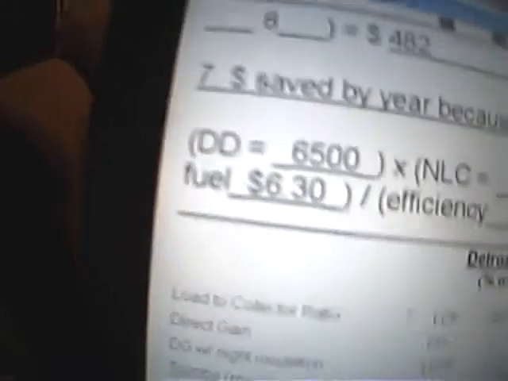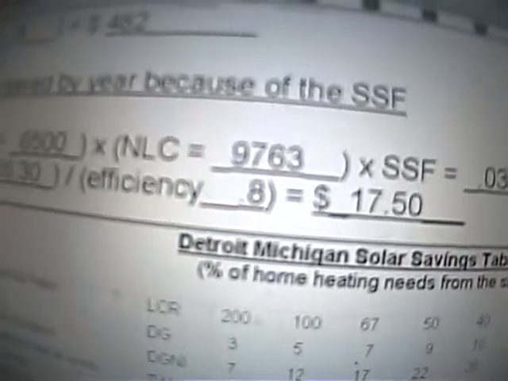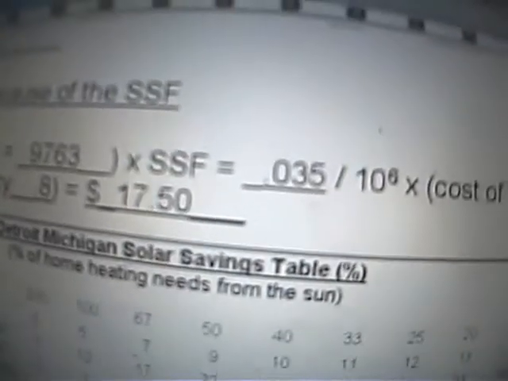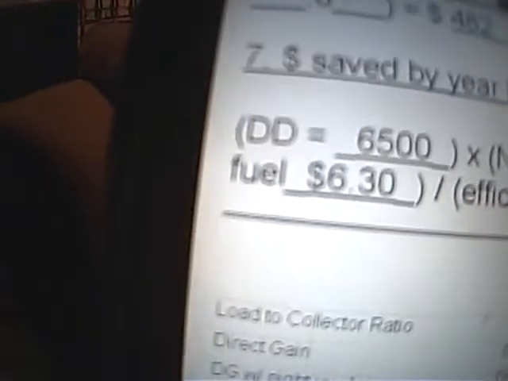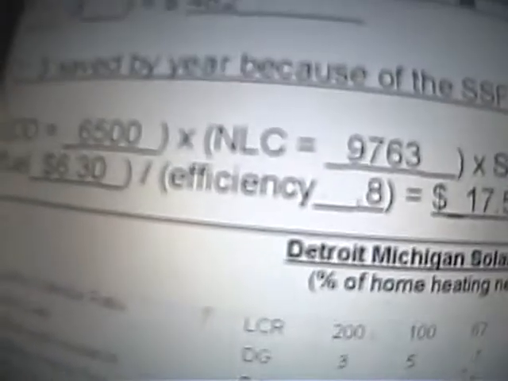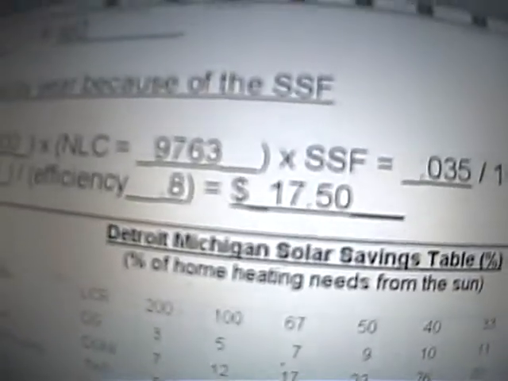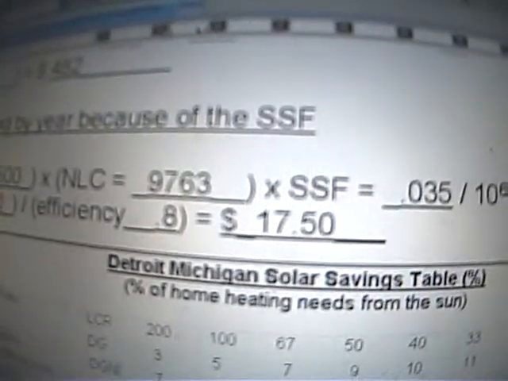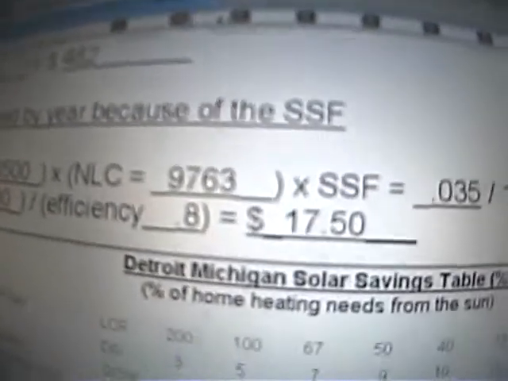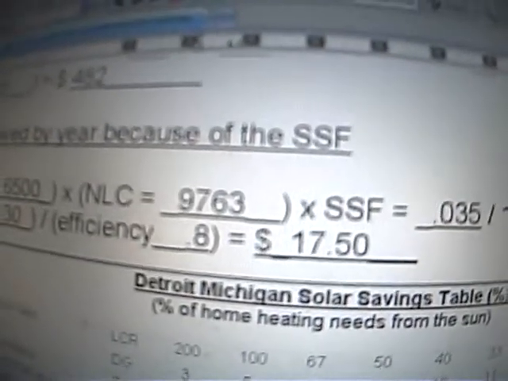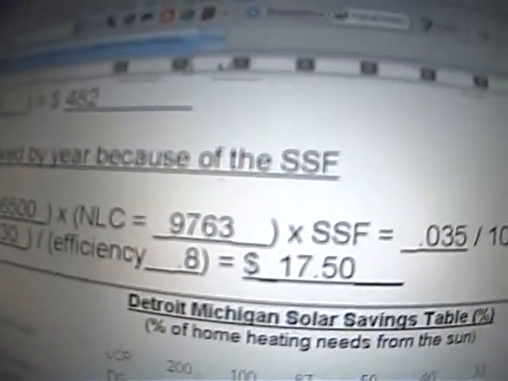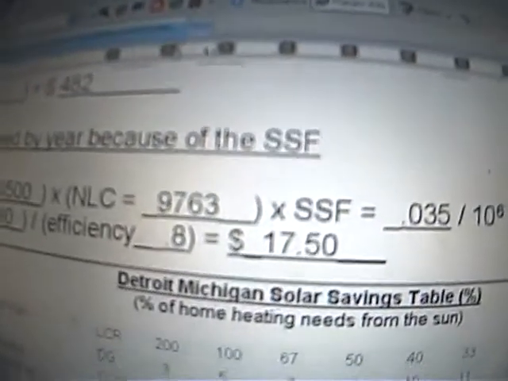Take your calculators out. 6,500 times 9763 times 0.035 divided by a million times 6.3 divided by 0.8, and look at that, only $17.50 a year coming from the solar. Well, not a very well designed solar house, especially when we know we can get hundreds of dollars a year in savings from using our solar gain.